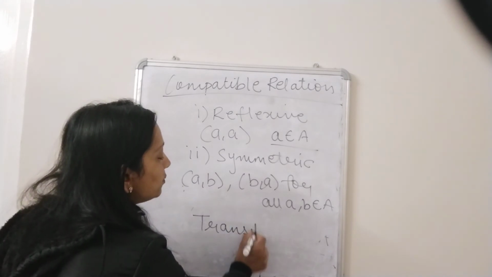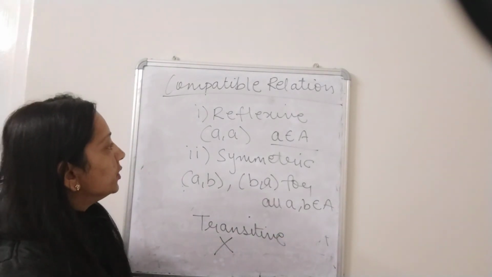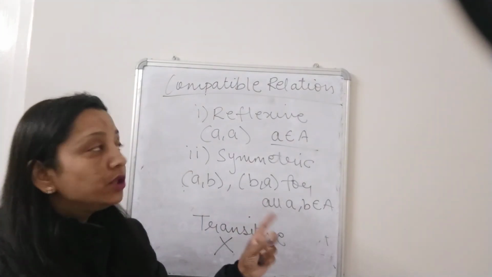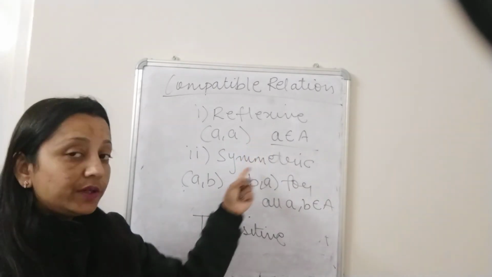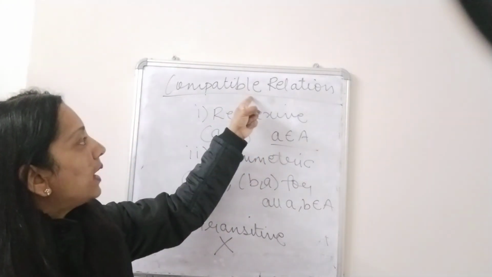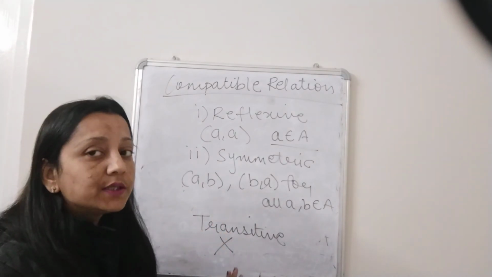So the only difference between an equivalence relation and a compatible relation is that an equivalence relation must be reflexive, symmetric and transitive, whereas a compatible relation will only be reflexive and symmetric and it will not have the transitive property.